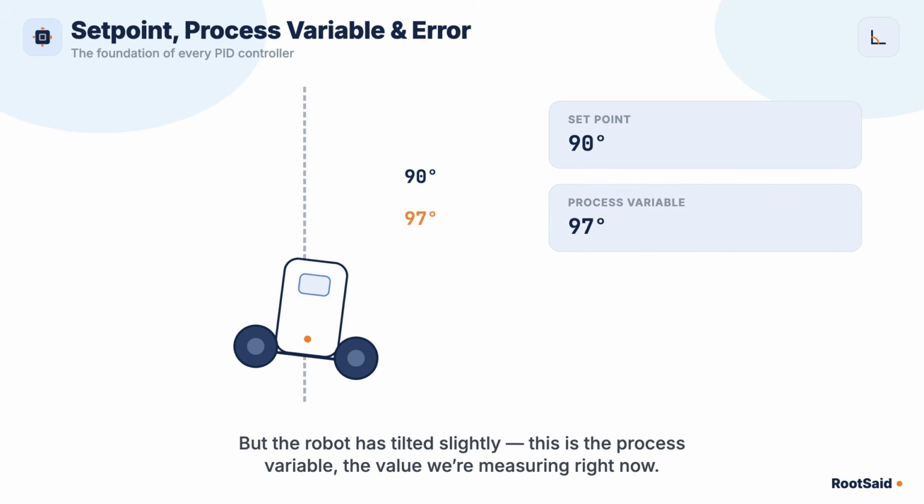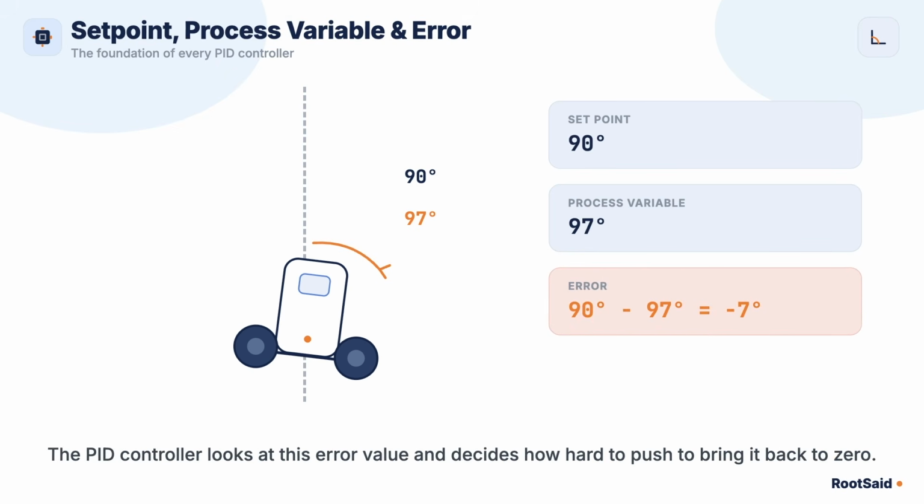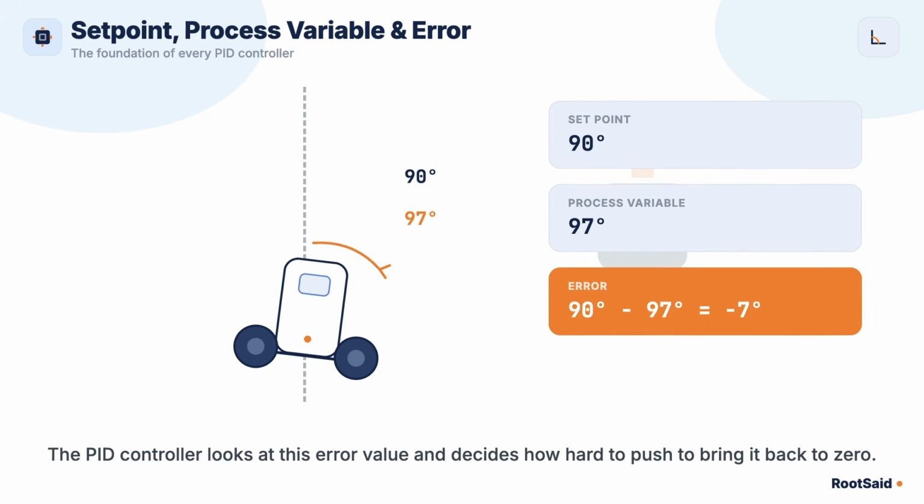The difference between the process variable and the set point is called error. So if the set point is 90 degrees and the process variable is 97 degrees, then the error value will be minus 7 degrees. That is 90 degrees minus 97 degrees. So the function of a PID controller is simple. It will be looking at the error value and it will decide how hard to push, or how much effort the robot needs to make, in order to reduce the error to zero.